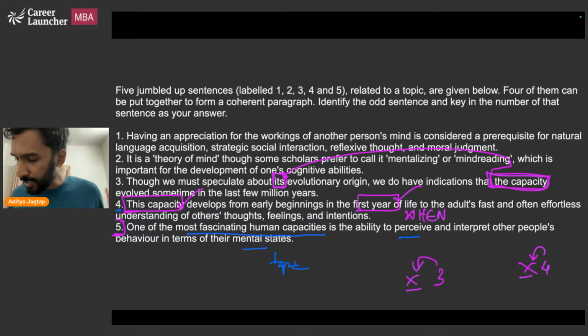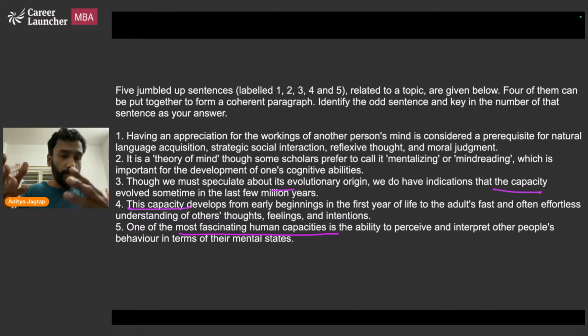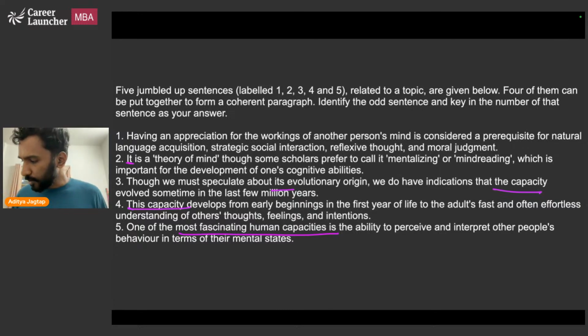Sentence 2 says it is a theory of the mind. All right, these are the clues or the kind of overlap that we've seen. Sentence 2 has this clue, it is a theory of the mind, though some scholars prefer to call it mentalizing or mind reading.